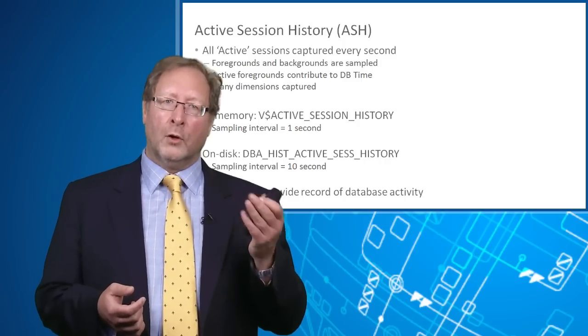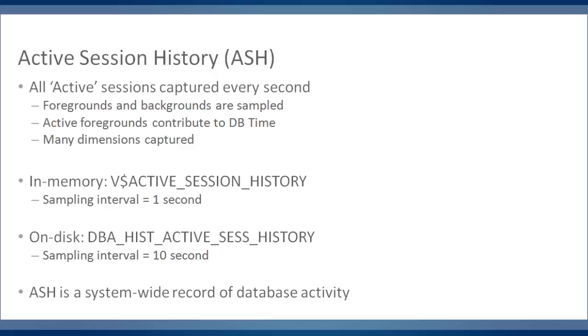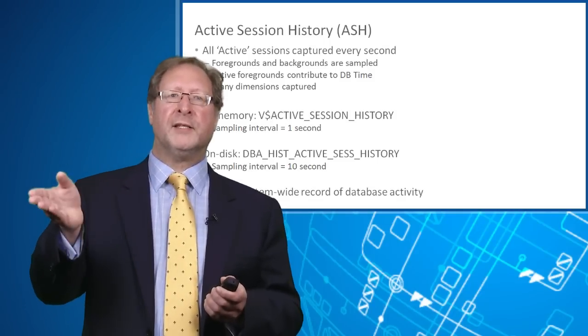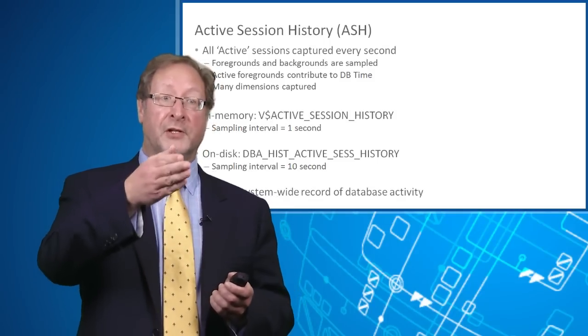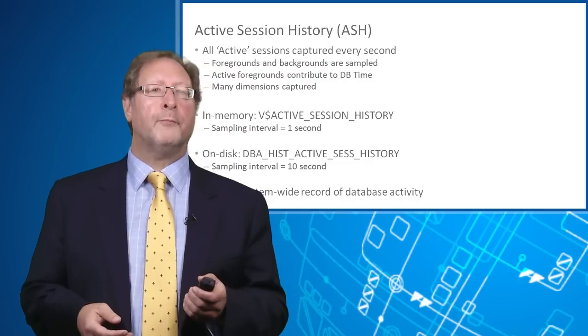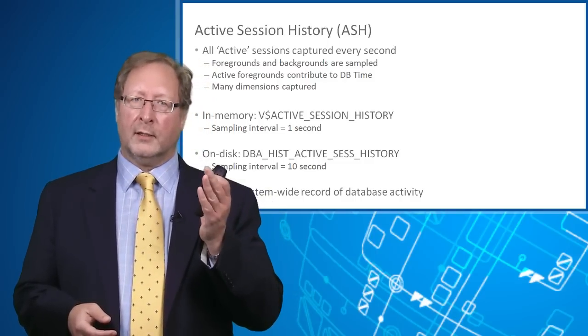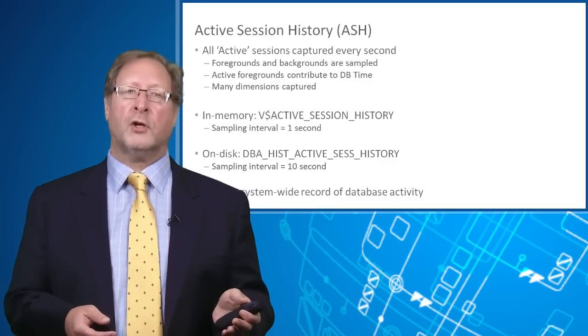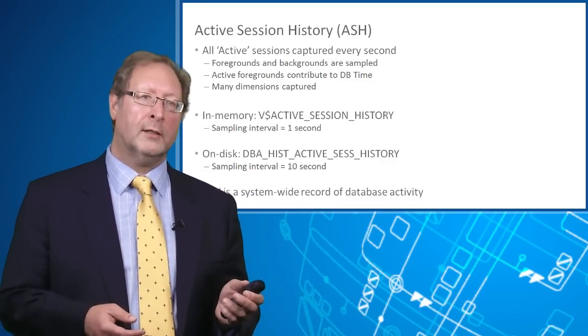The 1 second samples go into an in-memory buffer, which can be viewed by looking at $$ active session history. And when we take an AWR snapshot, we take 10-second samples, so like 10 seconds, 20 seconds, 30 seconds, 40 seconds, 50 seconds, 60 seconds, and put them into an on-disk structure so that we can look at longer-term history.